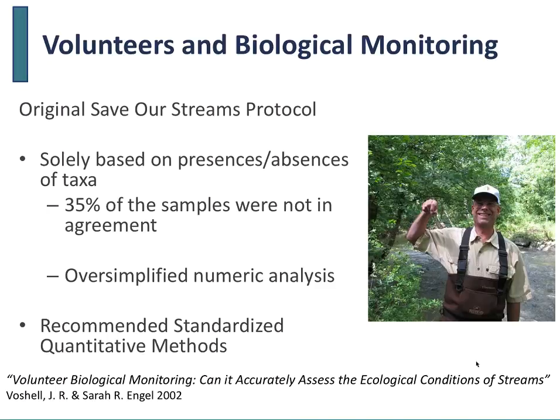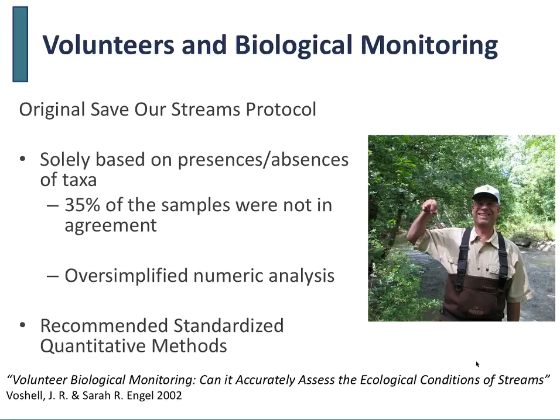And what they found was, in the original Save Our Streams protocol, that 35% of the samples were not in agreement, meaning when they compared it to professional data, there was no agreement. Also, we realized that the original Save Our Streams protocol was oversimplifying our analysis. And really what it was doing was artificially bumping up the health of the stream to make it look a little bit better than it should be.